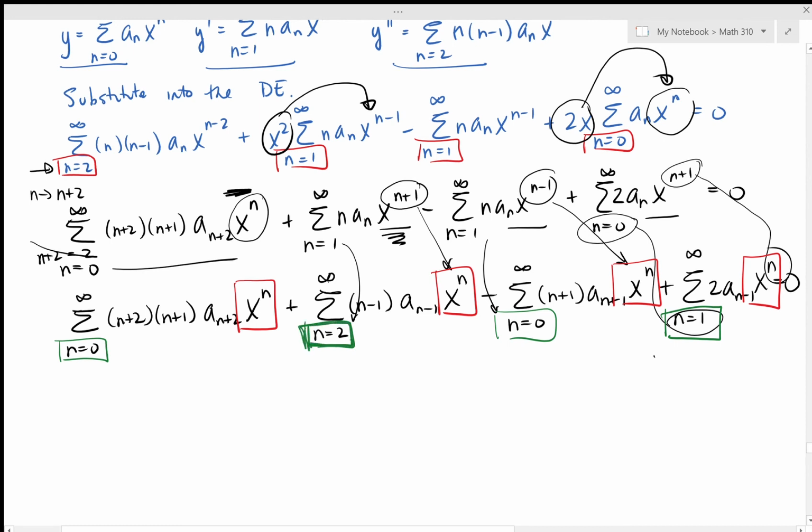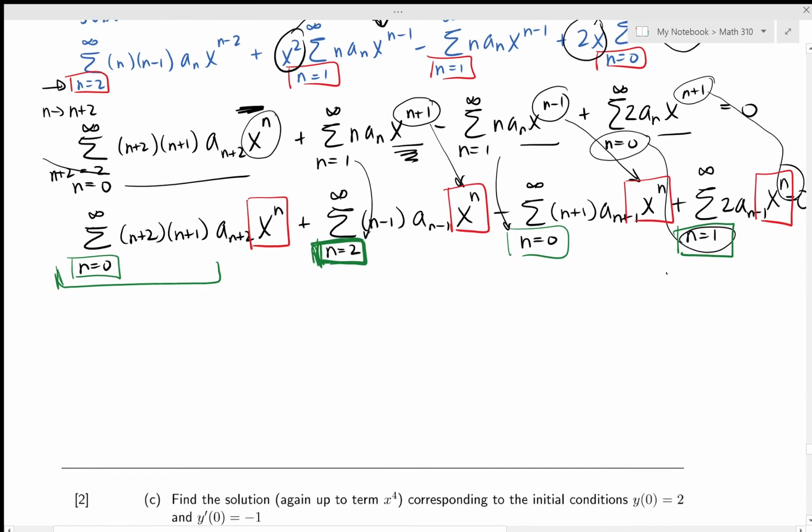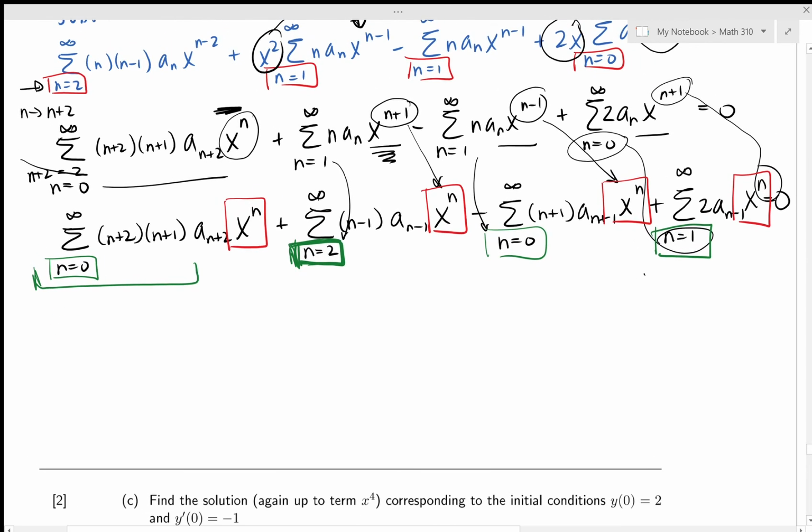So I'm picking this largest one, 2, and in order to do that, for this one I'm going to take out the n equals 0 and n equals 1 terms separately, and then leave the rest. So here I'm taking out the n equals 0 term. When n is 0, I get 2 times 1 times a to the 2, and then x to the 0, which is 1.